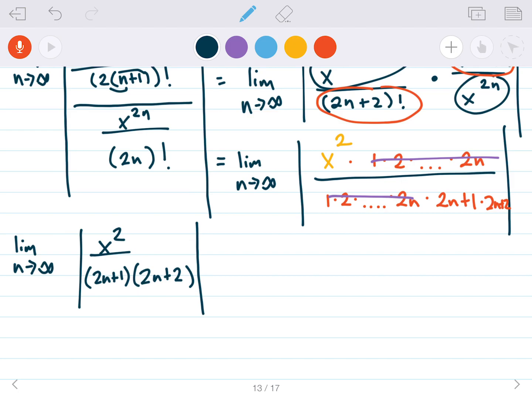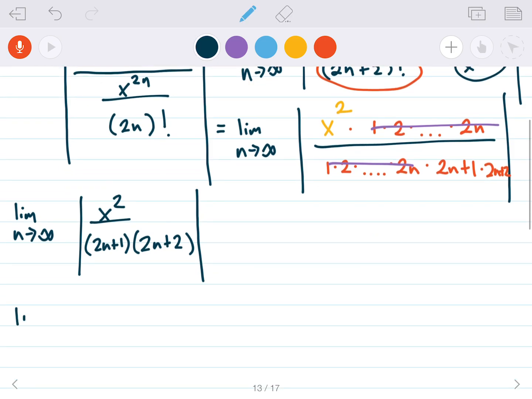And at this point, everything can come out of the absolute value bars because x squared is always going to be positive. The absolute value of x squared, in other words, is always going to be equal to x squared. Okay? So that's why we can take it out. So, getting rid of those annoying bars, we have this.